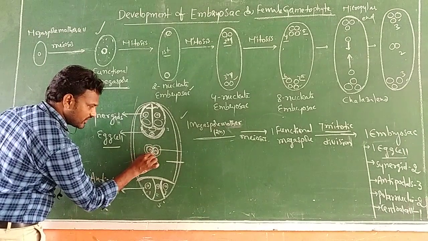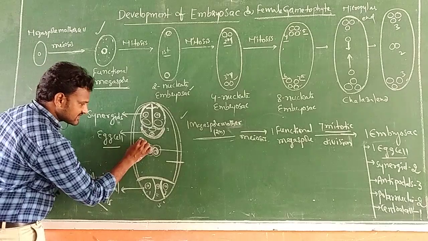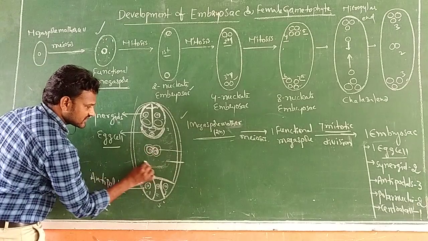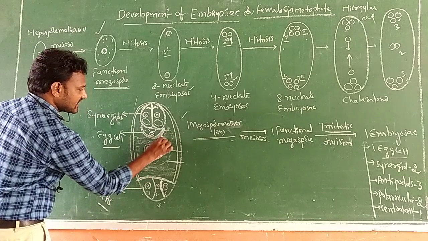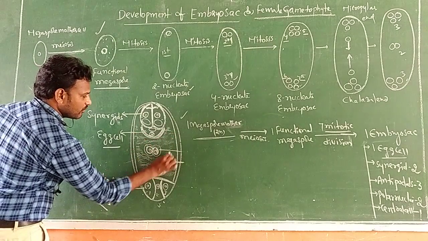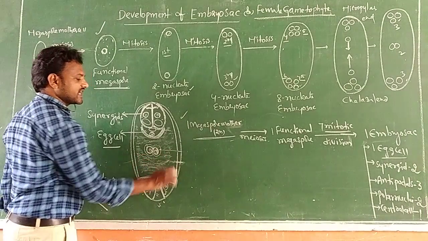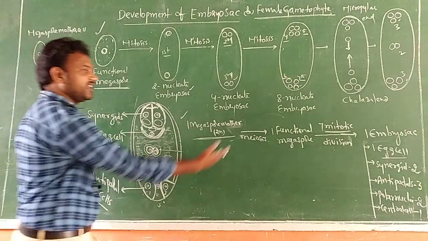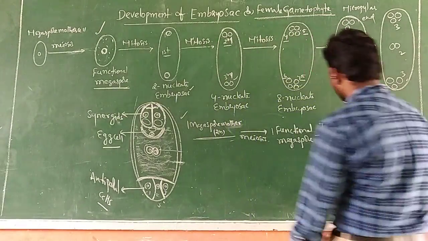Next, how many polar nuclei? 2 polar nuclei. This is the remaining one, the central cell. How many central cells? Only 1 central cell is there. You ultimately observe, very easy one. What is that cell?